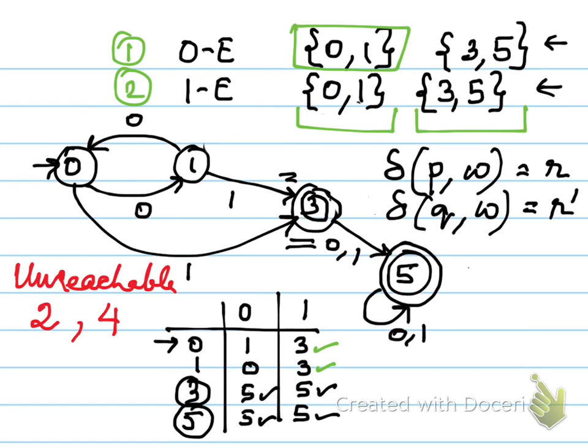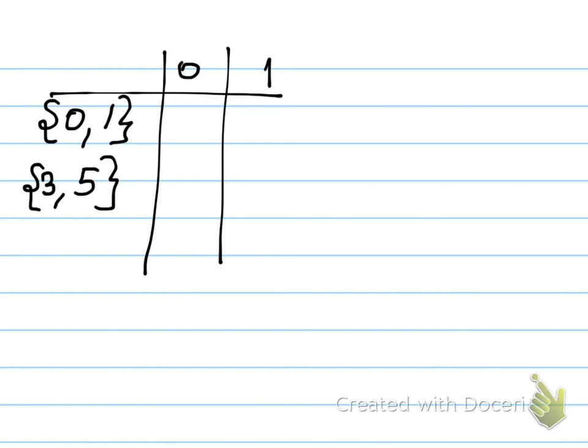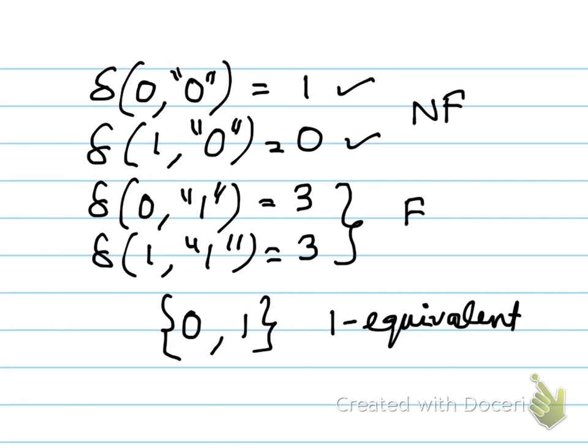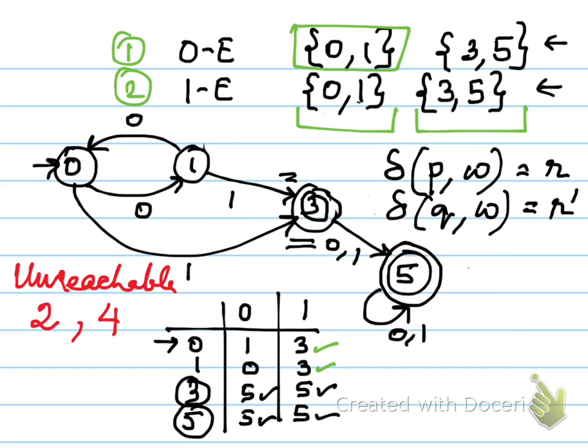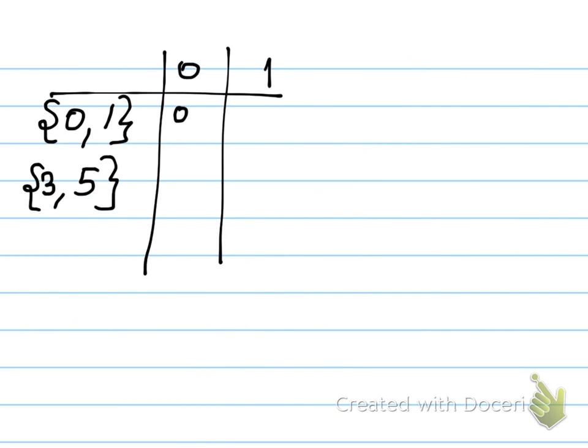Now, if we combine this, let us write our transition table first, then we will draw it. So our first combination is 0 and 1, with input symbol 0 and input symbol 1. And the next is 3 and 5. 0 and 1 on 0: 0 will go to 1, 1 will go to 0, so it will go to the same 0, 1.